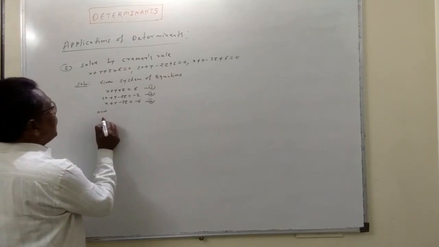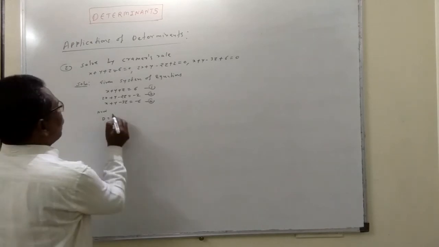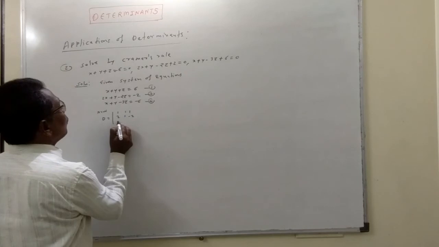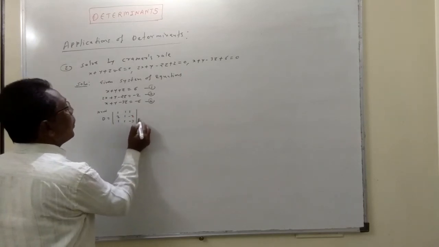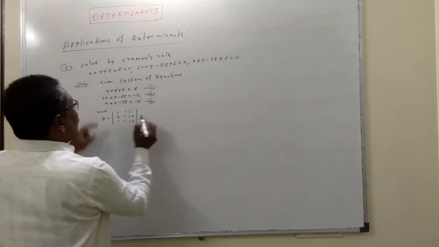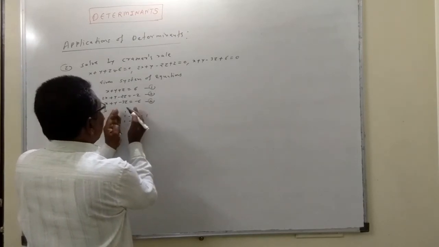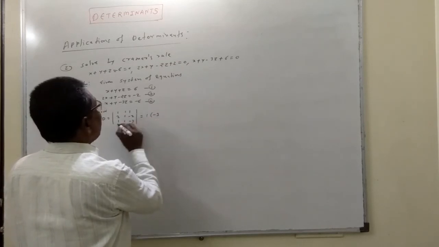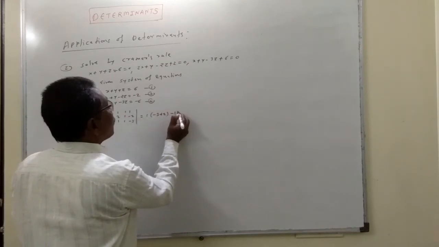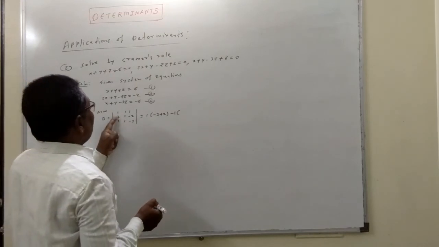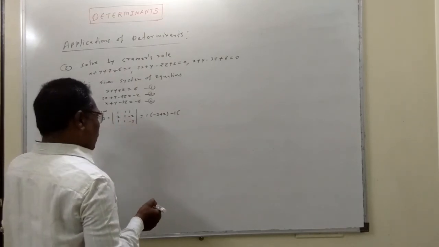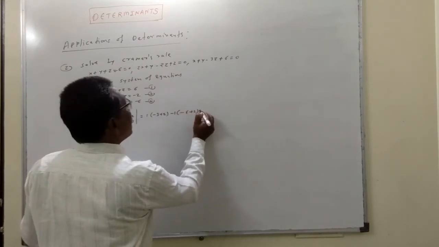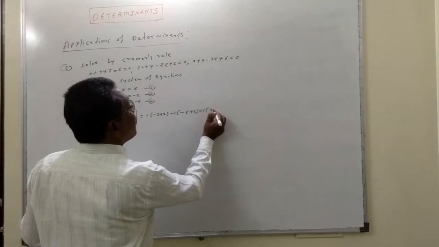Now we find the determinants. So D is equal to the determinant 1 1 1, 2 1 minus 2, 1 1 minus 3. Now you evaluate this determinant of order 3. So 1 into this determinant: 1 into minus 3 is minus 3, minus minus gives plus 2, minus 1 into the determinant of first and third column elements: 2 into minus 3 is minus 6, minus minus plus 2, plus 1 into 2 minus 1.